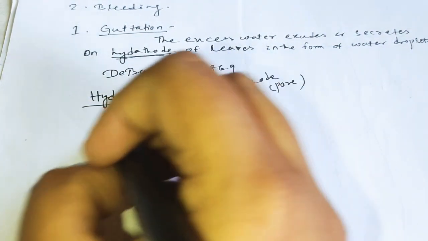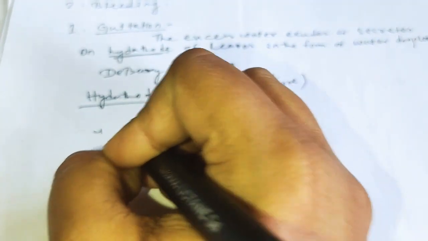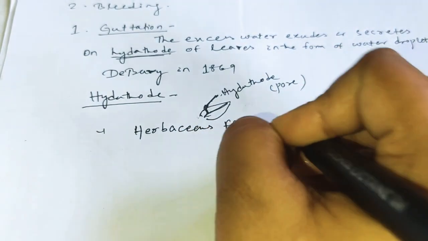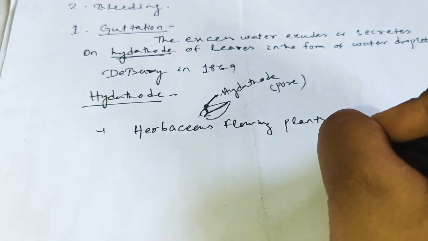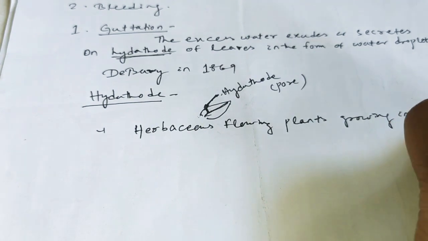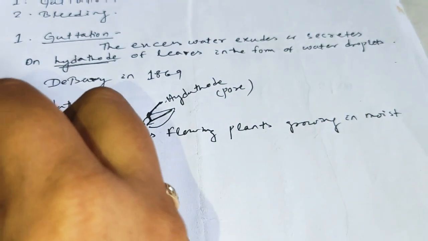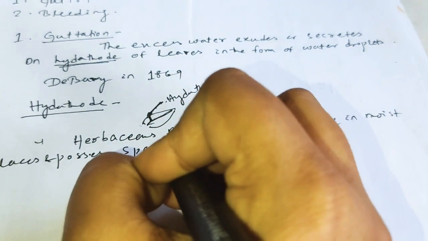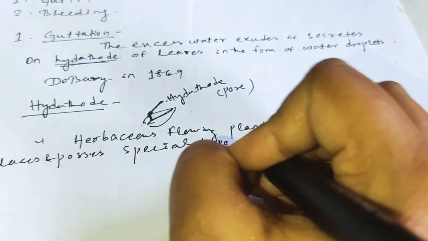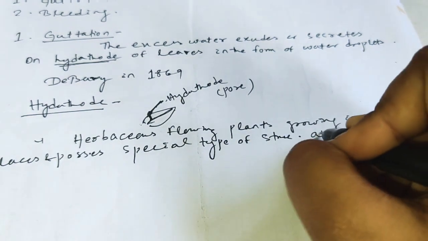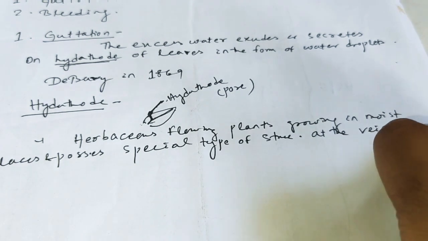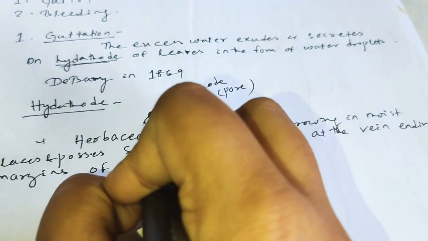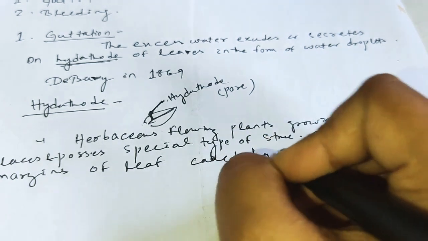So the definition is: mostly found in herbaceous flowering plants growing in moist places and possessing a special type of structure at the vein ending margins of the leaf, called hydatoid.